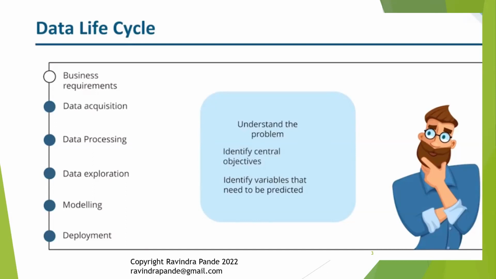and start the analysis. So after understanding the business requirement, the next step is to acquire data, or data is supplied to you. Then we start processing the data, trying to understand it. Is it sufficient? Do we need certain additional elements of the data? Is the data fine? Is it corrupted or not? Is it clean data?